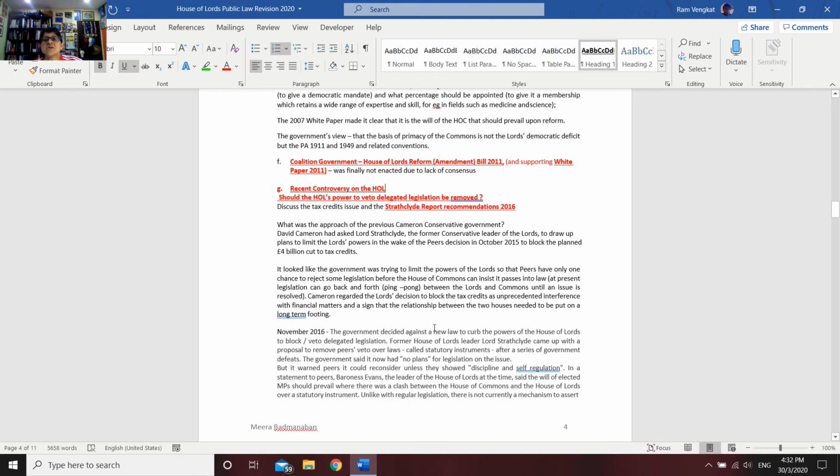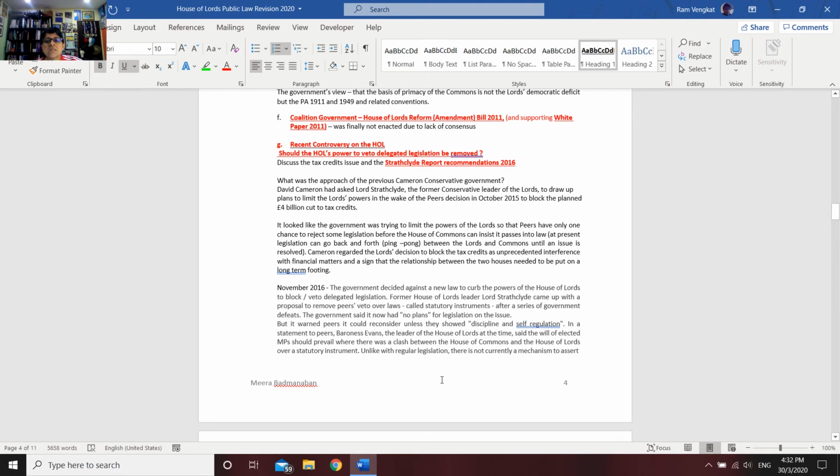So David Cameron set up a commission led by Lord Strathclyde, and the Strathclyde report recommendations came out in 2016. At the bottom of page 4, if you look, the Strathclyde report came out in November 2016, and after this, the government had to decide. The Cameron government at first decided that they wanted to reduce the House of Lords powers with delegated legislation to remove that veto power.